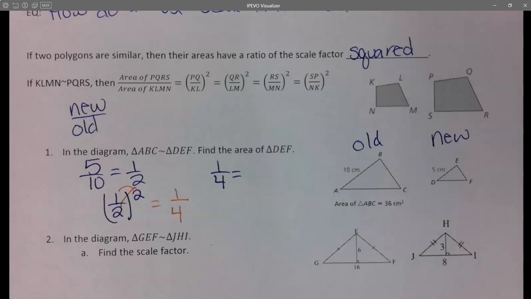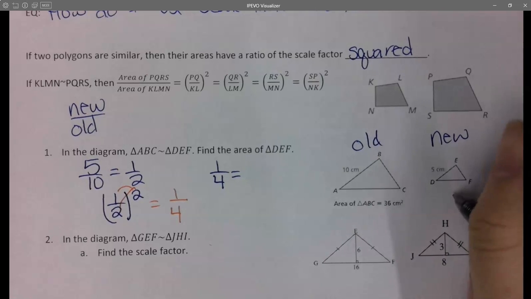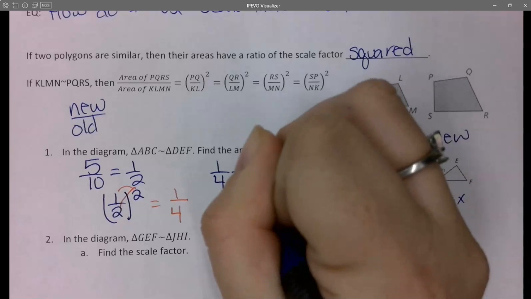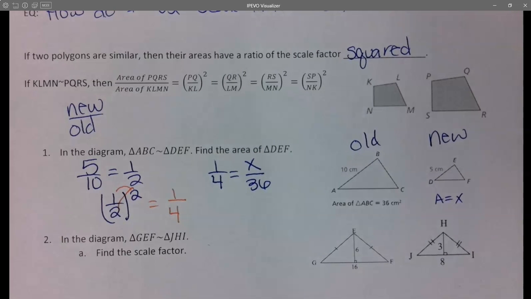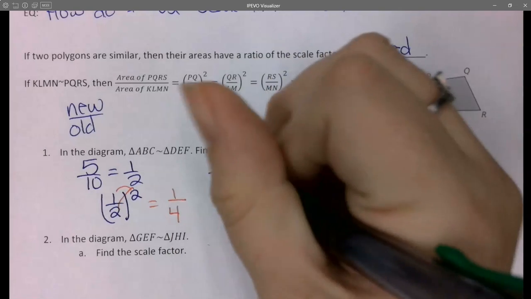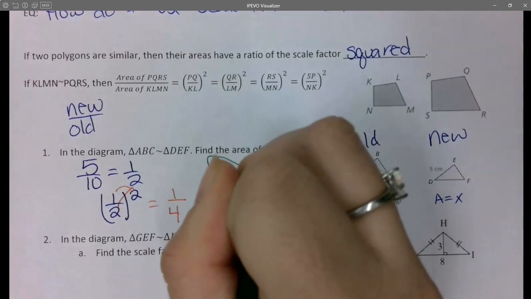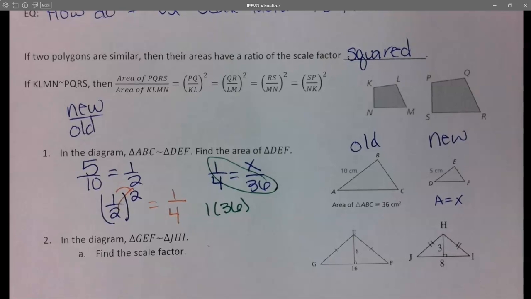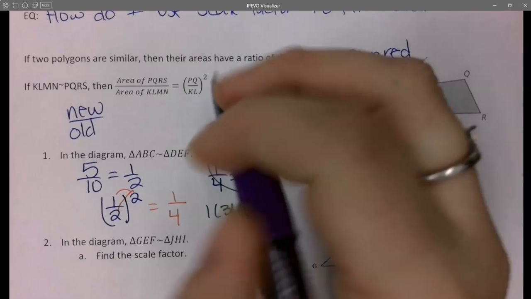We were in the middle of finding the areas. I know that my old area was 36, and my new area is what I'm solving for. So I'm going to have new on top and 36 on the bottom. Then I want to go ahead and cross multiply. So I'm going to do 1 times 36, and then 4 times x.